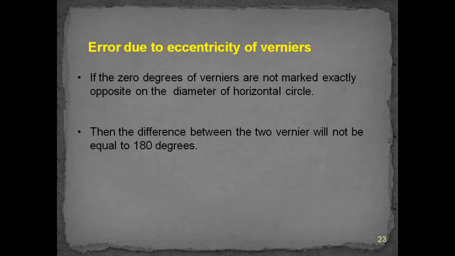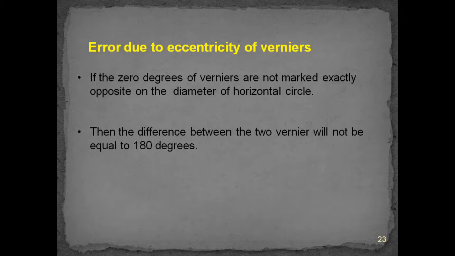What we are doing is a temporary adjustment: fixing up the instrument on the given station point is a temporary adjustment. What we learned as instrumental errors all come under permanent adjustment errors, which have to be rectified by making the adjustments perfectly.